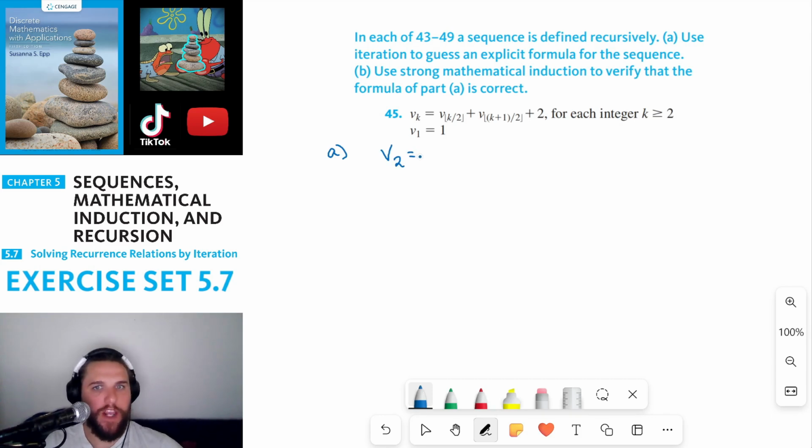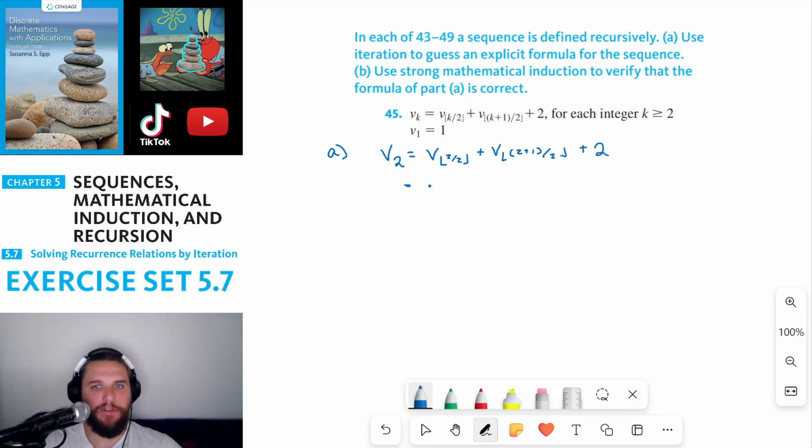The way we do iteration is we evaluate the next few terms in terms of v sub 1. So v sub 2, according to this recursive definition, which we can apply since the index value is greater than or equal to 2, is equal to v sub the floor of 2 over 2 plus v sub the floor of (2 plus 1) over 2 plus 2.